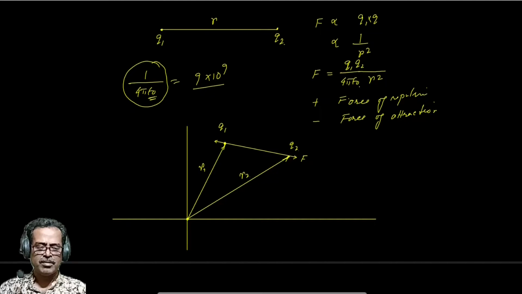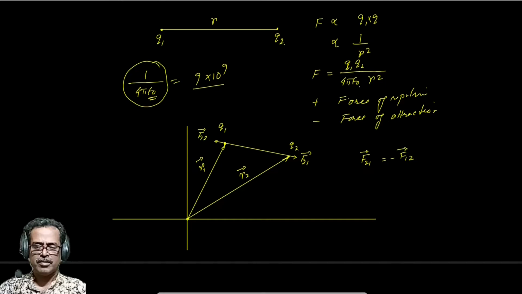We are naming this F21, force on 2 due to 1. And this is F12, force on 1 due to 2. It obeys Newton's third law, that is F21 is equal to minus F12. This is a vector, this is a vector.